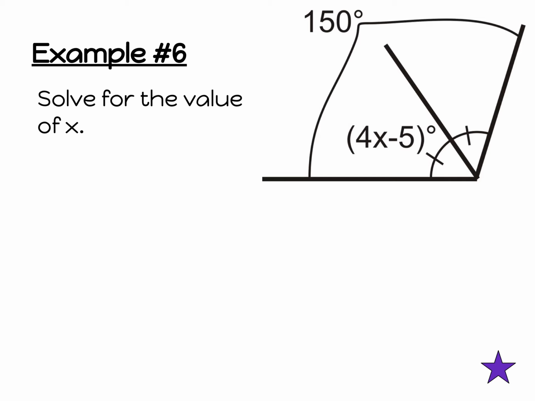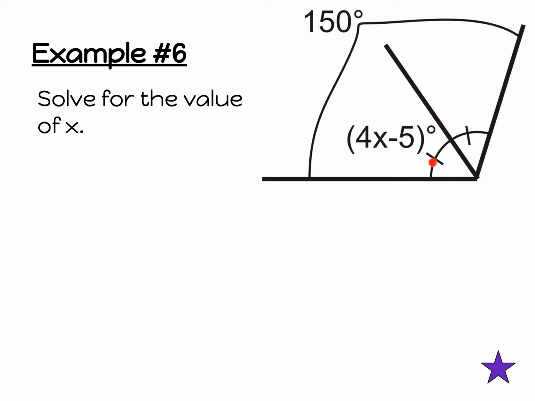For our final example, we can see here that we have an angle bisector again. Our job is to solve for x. I can see my angle bisector here because of my congruent tick marks. Okay, but what I'm noticing is I'm missing an expression here. I have nothing for this angle. I can see my whole overall angle is 150 degrees.